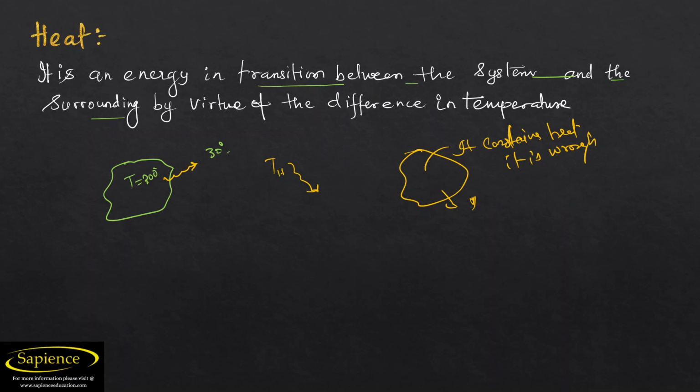So heat flows from high temperature to lower temperature, but no body contains heat. Heat only flows when there is a temperature difference, from high temperature to low temperature. So I hope you have understood the concept of heat. It is purely a flow phenomenon.